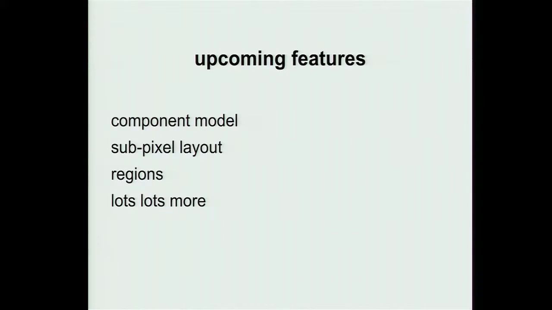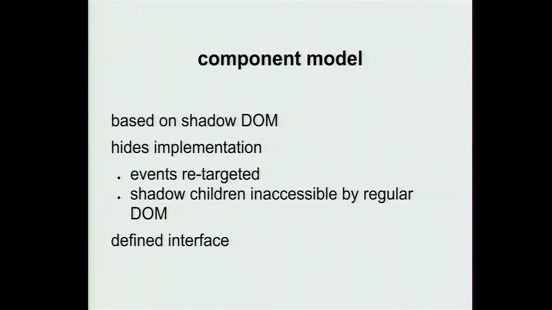Now we're going to cover a few things that are coming up, starting with something called the component model. The component model is based on the shadow DOM, so maybe we should talk about what the shadow DOM is. Shadow DOMs have been around for a long time. Anybody who's worked with forms has seen a text area. If you look at a text area from just the DOM API, there could be a ton of text in that text area, but you can't see it.